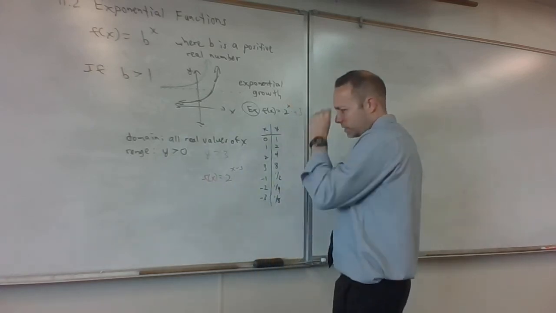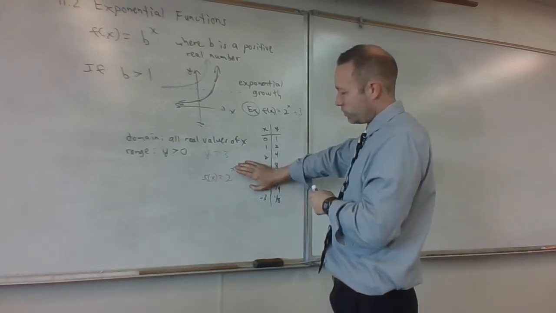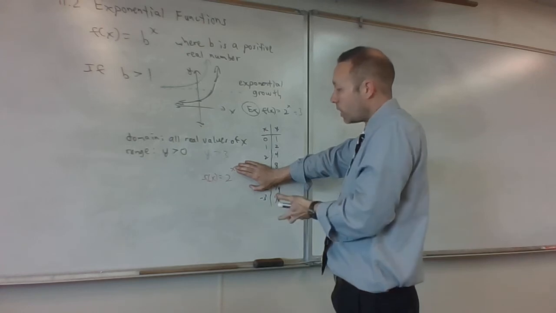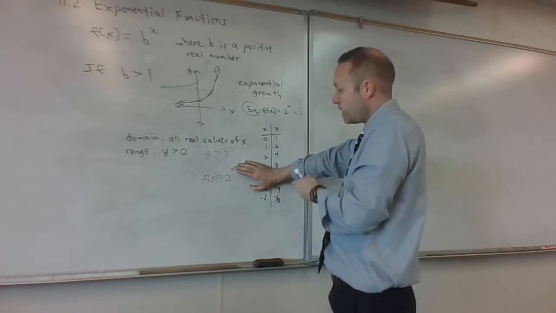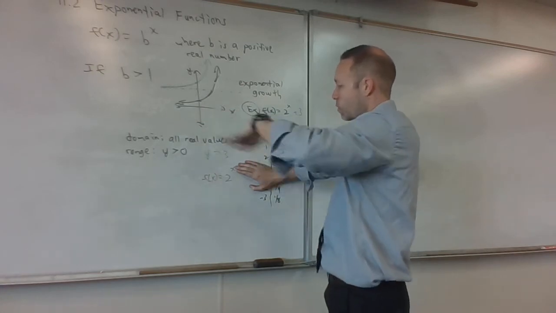Let's think about that. If I just have y equals 2 to the x, if x is 0, that gives me where I'm 1 up from whatever the horizontal asymptote is.